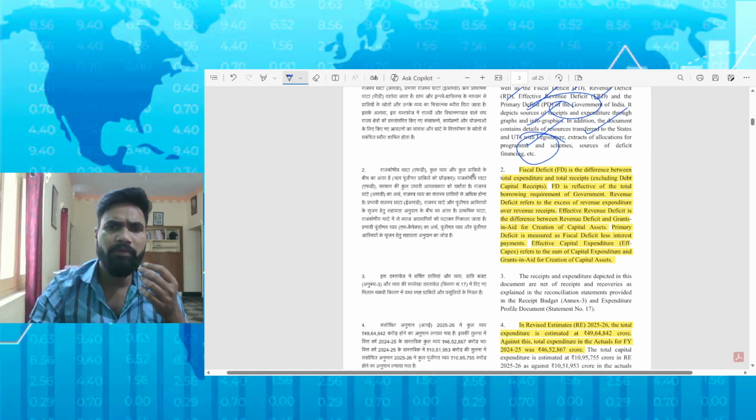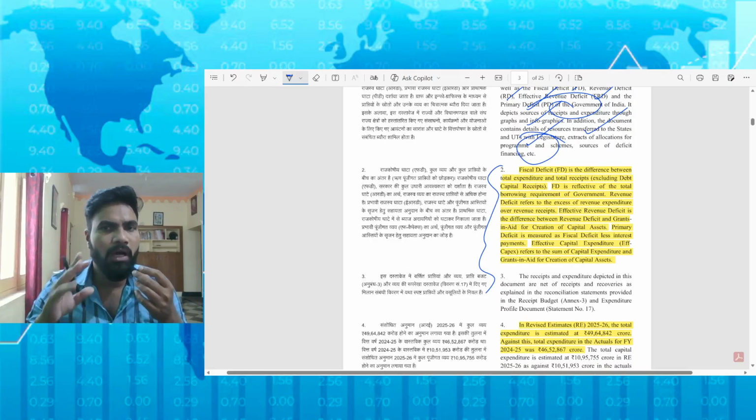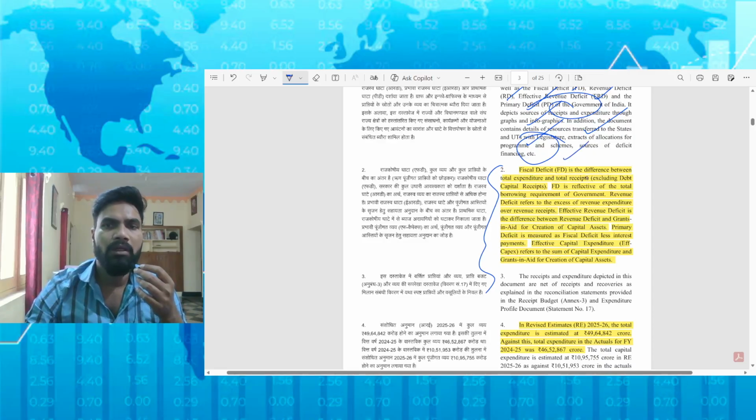Briefly, we will know the definitions of these four deficits. They are very important. They have been asked in the exam in the past, and definitely they might be asked in the future also. The first one is fiscal deficit. It is the difference between total expenditure and total receipts, excluding debt-creating capital receipts.